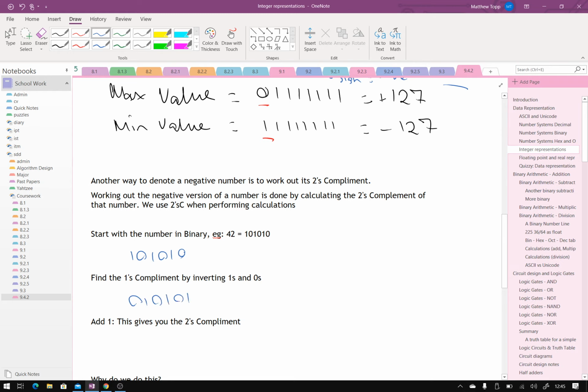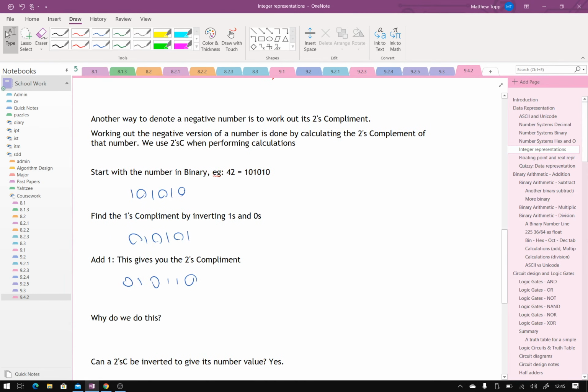Step 2, add 1. So this number plus 1, what's 1 plus 1? 10. And that's it. Simple. Invert the 1s and 0s, so every 0 becomes a 1, every 1 becomes a 0, then add 1. And that is 2's complement. And we use this in arithmetic.